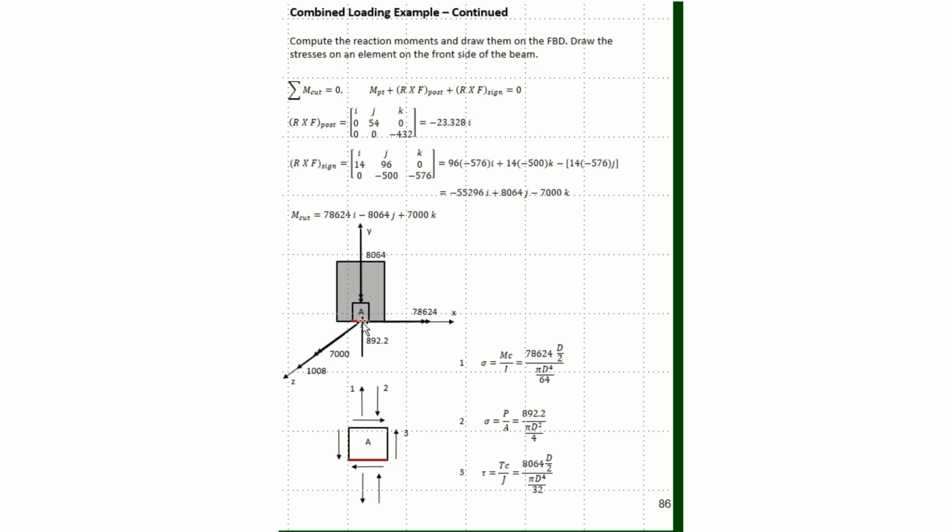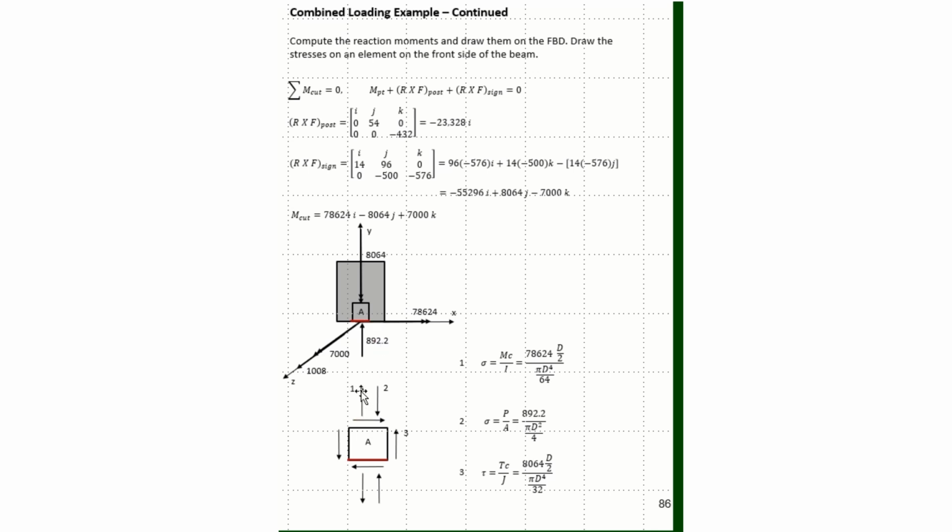Here I can see that the 892 force is pushing up on the cut edge at a 90-degree angle. So this 892 here will be putting the element in compression. So that sigma equals P over A at 892, and it's this number 2 force arrow representing the stress shown here. Then I can look at this bending moment, and this 78,624 is going to be putting element A in tension.